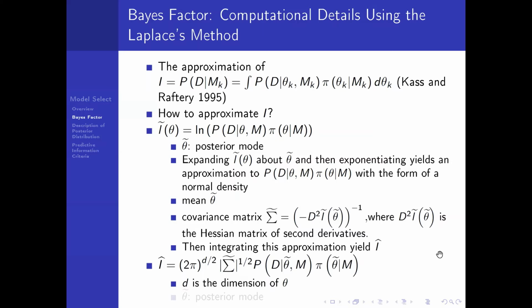And again, we have the covariance matrix, estimated at theta tilde, right here, which is the inverse of the Hessian matrix, and the square root of that. Then we're going to have the product of these two terms, which has been estimated previously. And note that theta tilde is this posterior mode.